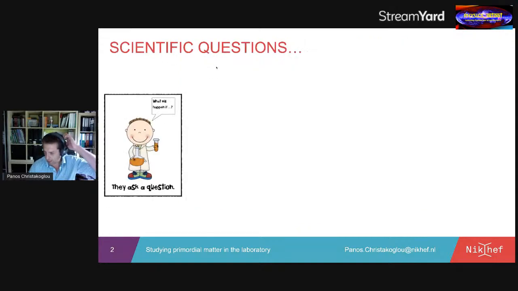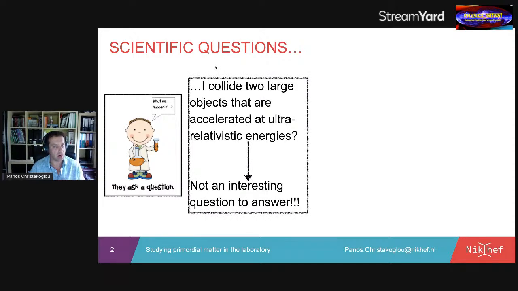I mentioned the question that we would like to address. The scientific question can be formed in the following way: what will happen if we collide two large objects that are accelerated at ultra-relativistic energies?